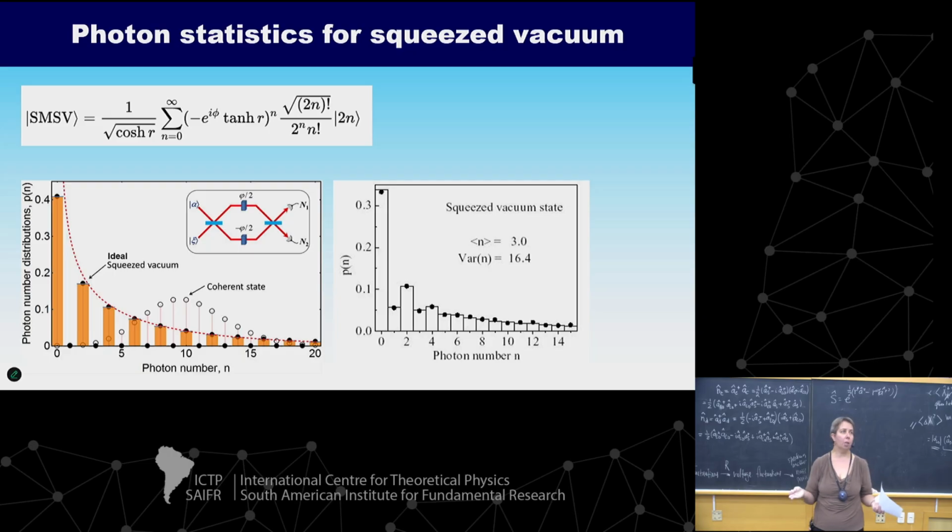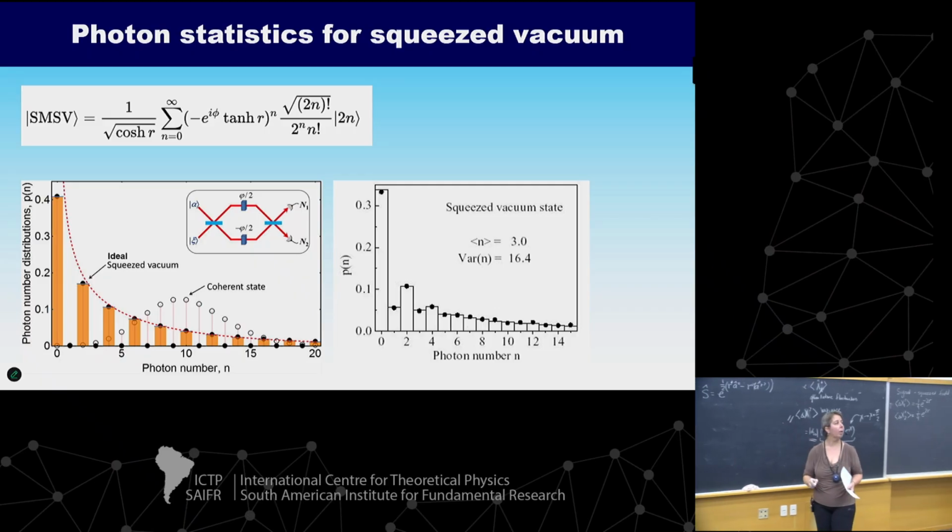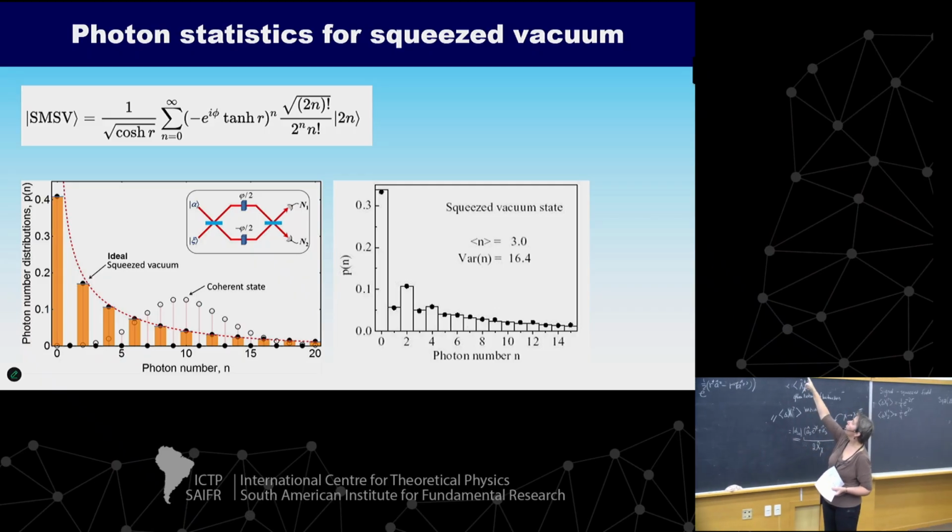Now, what losses are going to do if we're thinking of this? They're going to nip some of the photons out. So that means we start messing up our perfect pairs, and some of the photons will go uncoupled. So we start to populate those states. And this is actually, again, kind of famous experimental plot where people were actually measuring the photon distribution in the squeezed vacuum state.